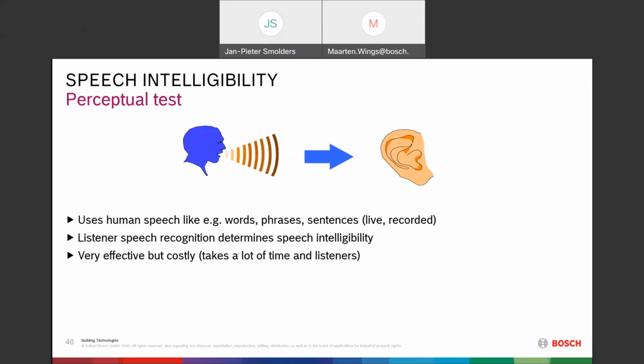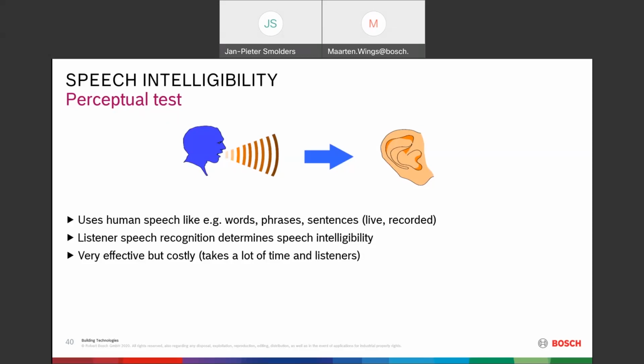So somebody talks and there's somebody listening, and that person or those persons will write the word down that you have spoken, and after a certain while, after you have done a certain amount of words or sentences, then you will check if that person or those persons have written down the right words. So then you can say, yeah, you have understood maybe 80% of what I said. That's an indication of your intelligibility.